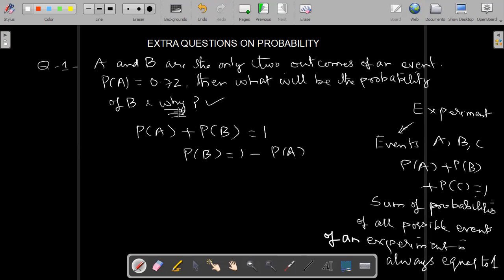This is the reason why, and this is the calculation. Therefore, probability of B will be equal to 1 minus 0.72. So you get 0.28.